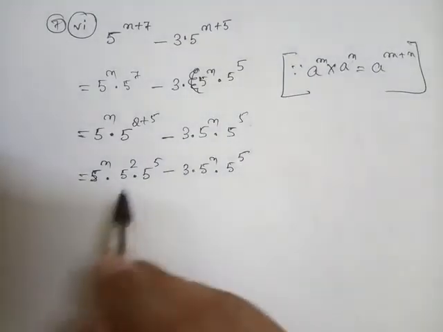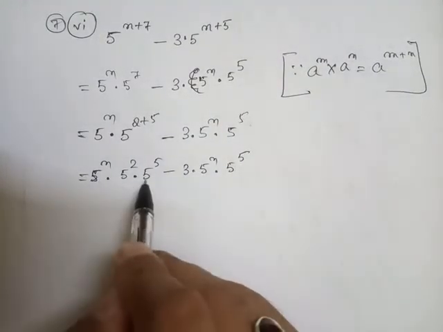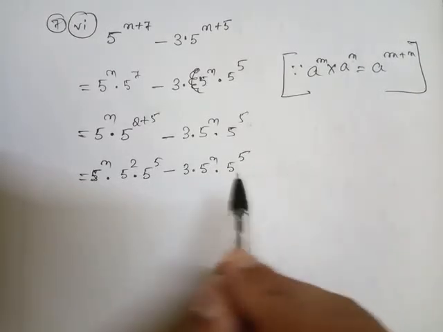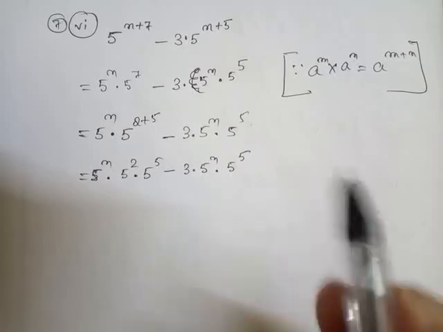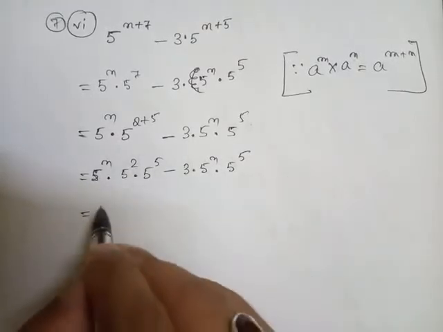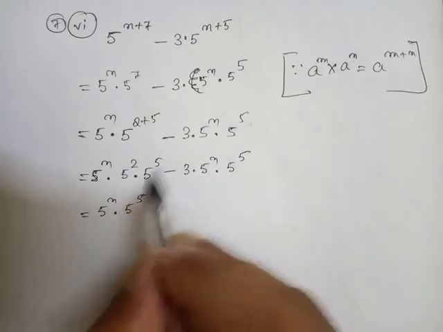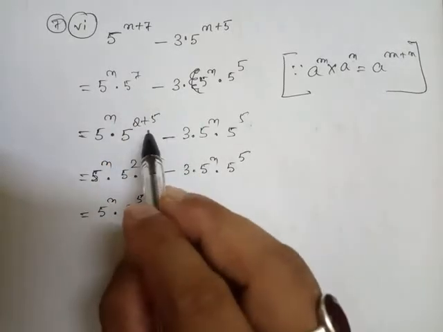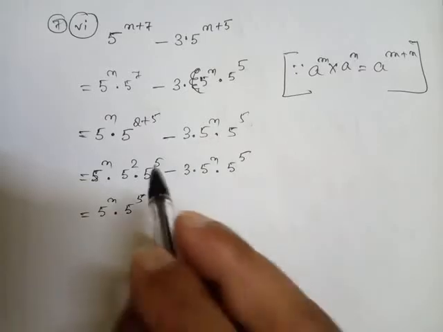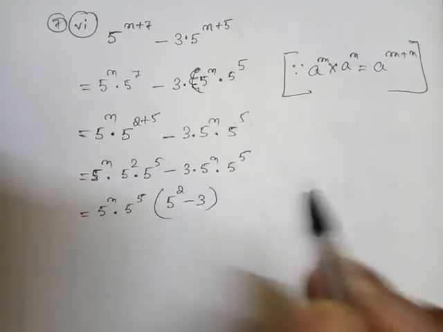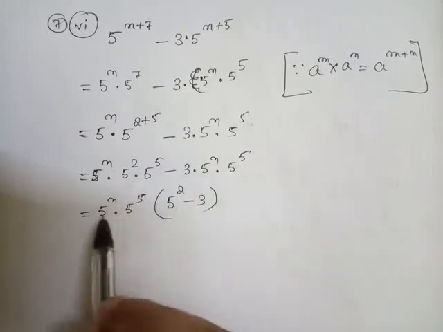Now look, 5 to the power n and 5 to the power 5 are common from here. So if I take the common 5 to the power n into 5 to the power 5, here 7 can be written as 2 plus 5, using the same formula we'll get this. So here would be 5 square minus 3, after getting this part and this part common.